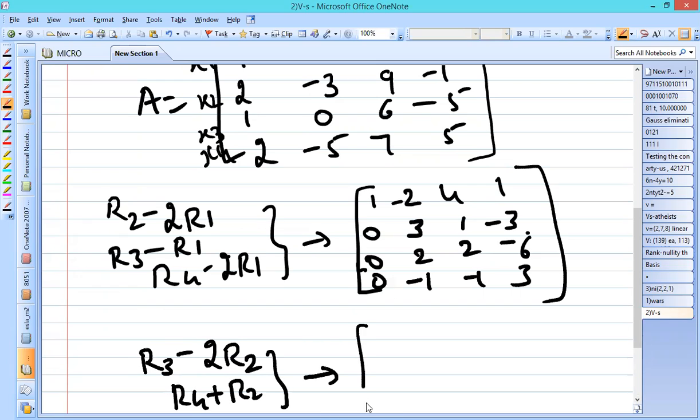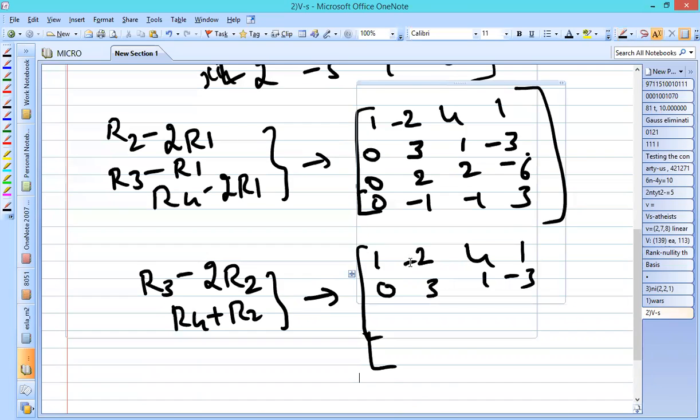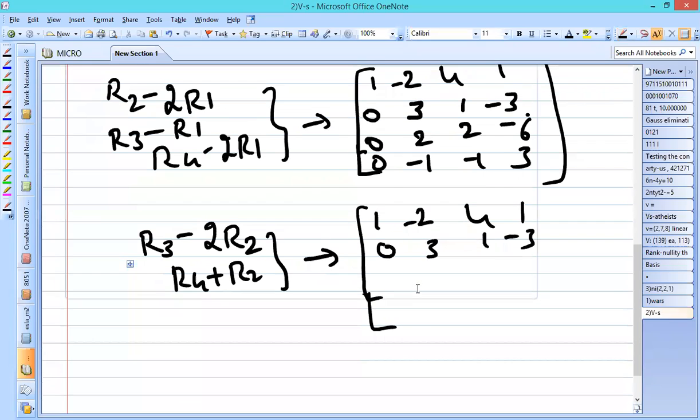So here the first and second row elements are kept as it is, and we do R3 minus 2R2. Then R4 plus R2.